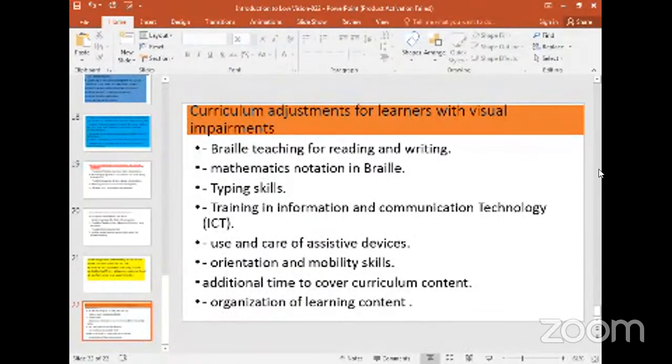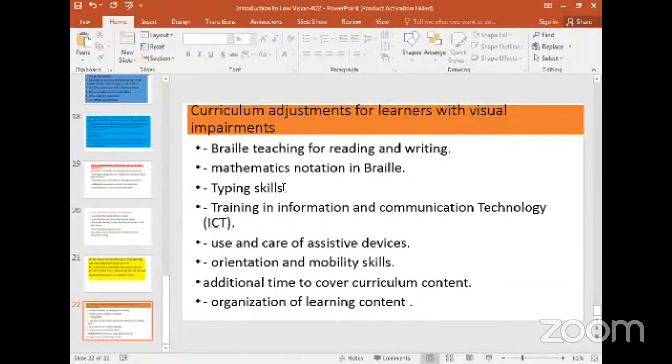Then they are also taught mathematics notation in Braille. Remember, we do Braille mathematics, where you use the Braille signs to do calculations in mathematics.